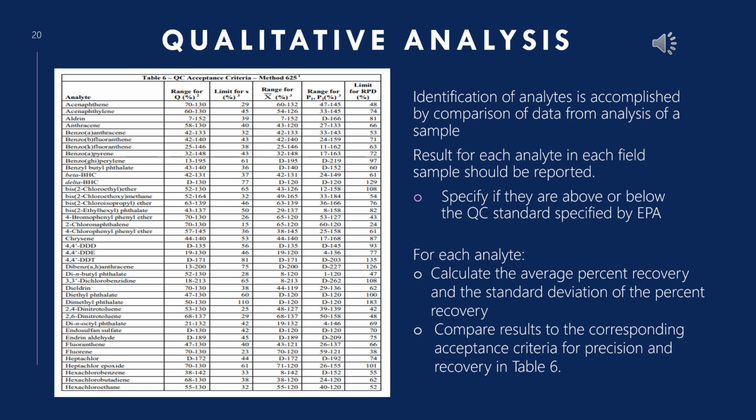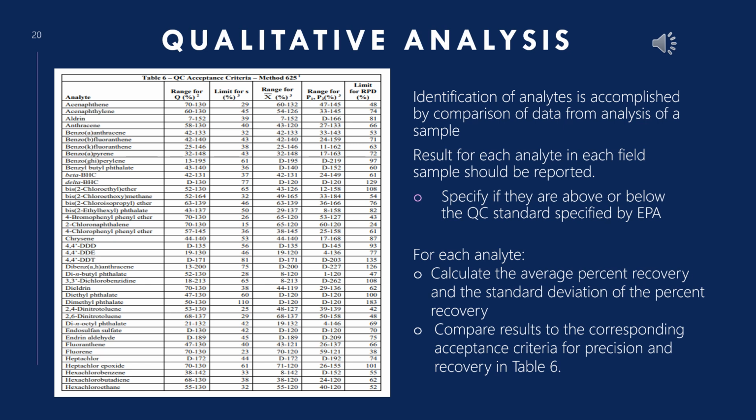So, as you saw in the method summary, the second to last step is the qualitative analysis of each sample. The identification of the analytes found within the sample is accomplished by the comparison of data from the analysis of the sample itself. So, the results for each analyte in each field sample should be reported, and the report should specify if they are above or below the QC standards specified by the EPA, which you can find in the method itself.